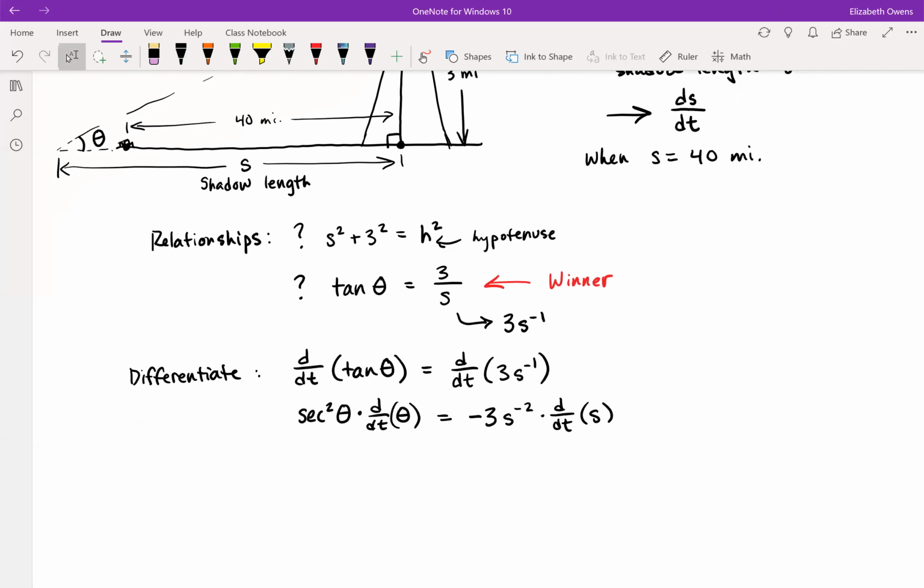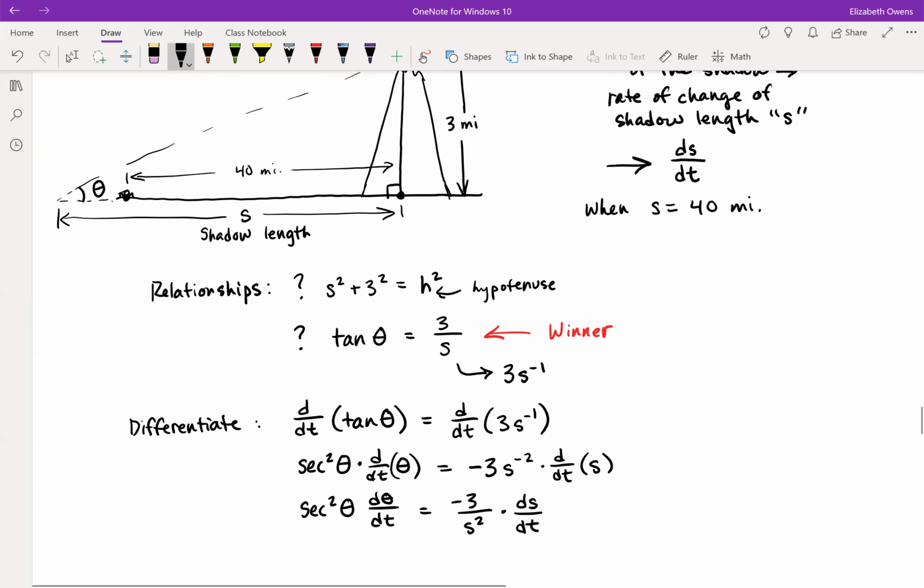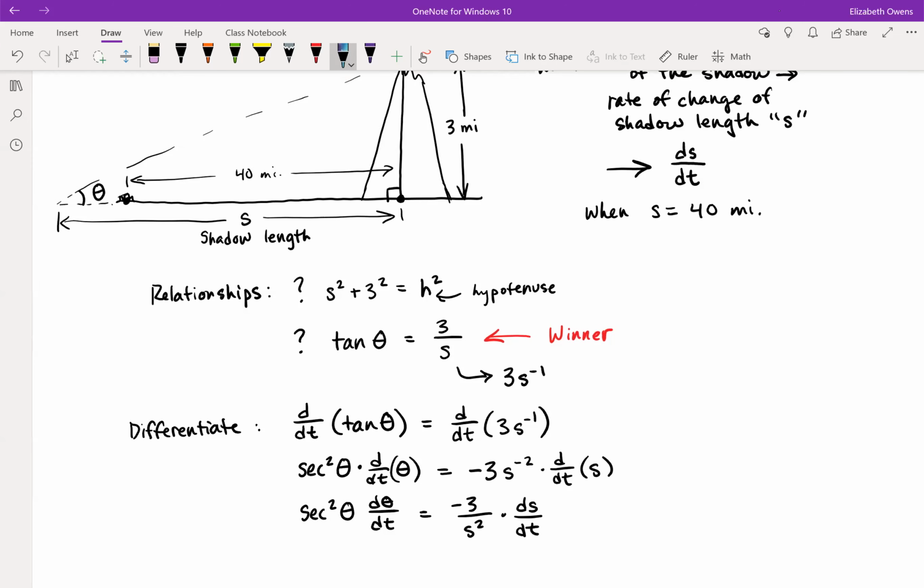And so to clean up those derivatives a little bit, we'd have secant squared theta d theta/dt equals negative 3 over s squared times ds/dt. Okay, now notice that we do have our rate that we are actually trying to solve for here. Okay, ds/dt, this guy.